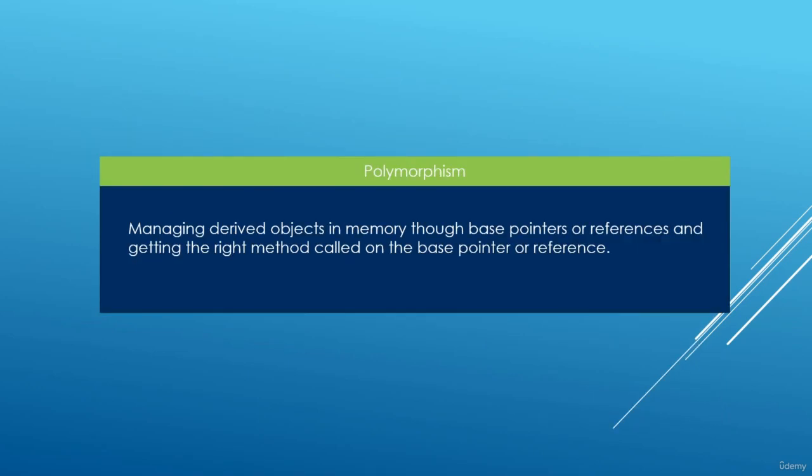And polymorphism, again, is a design principle we had in C++ to manage memory objects through base class pointers. And the basic thing we are after with polymorphism is to be able to go through base pointers or references and call methods and get the most specific method called on our object.